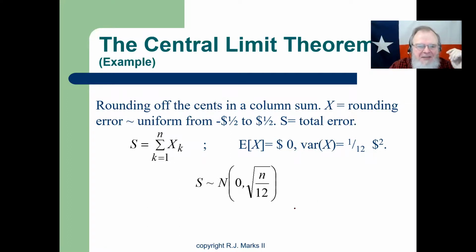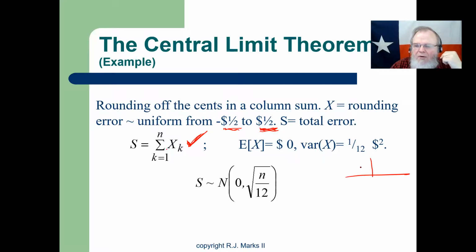So here's an example. What we're going to do is look at the sum of x's here, and these are going to be rounded. These are going to be the rounding error in each case. In other words, if you round, you're going to make an error between minus $0.50 and $0.50, right?